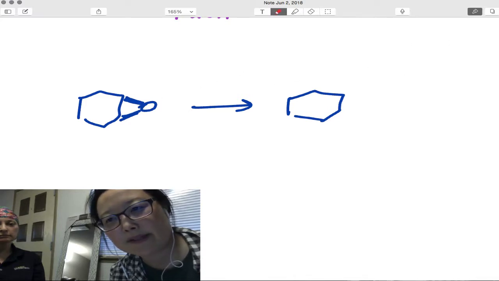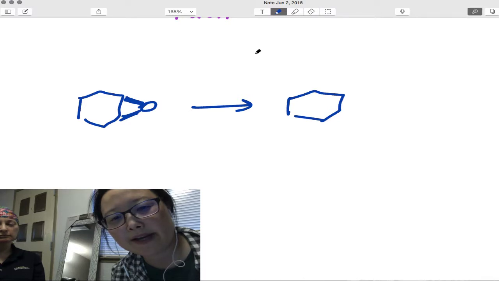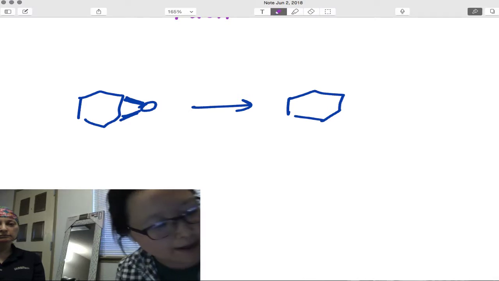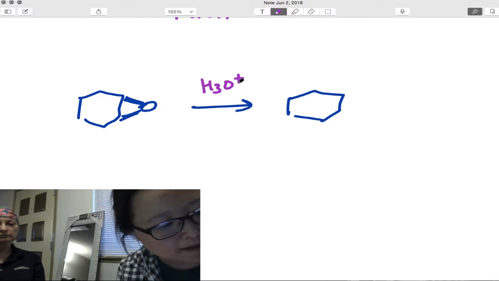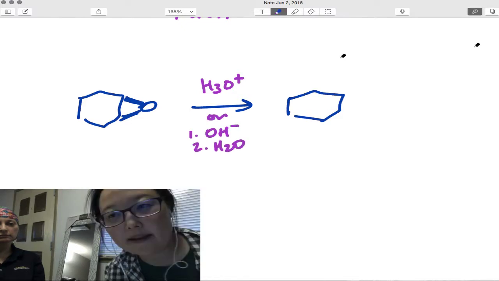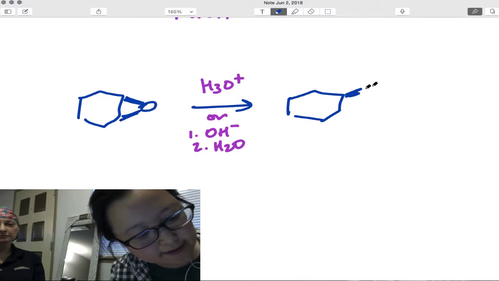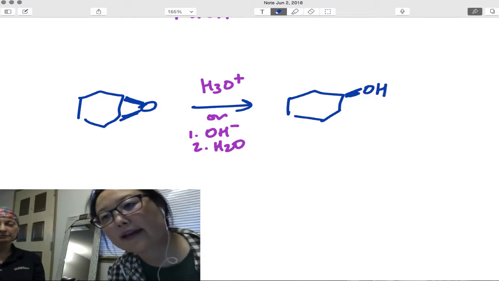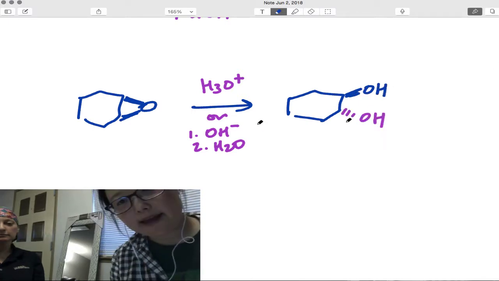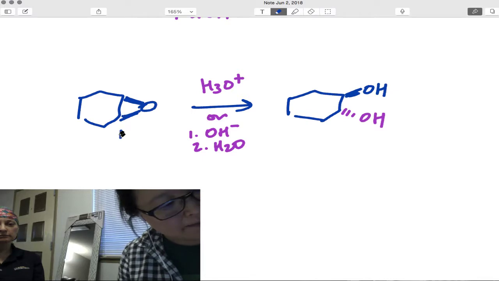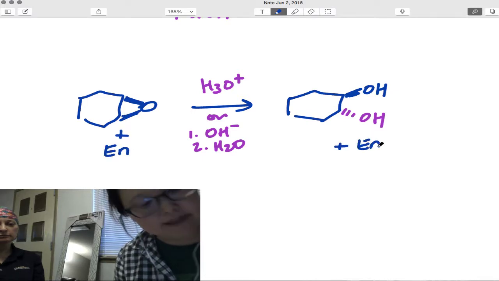Since we're not focusing too much on the stereochemistry right now, let's say we have either acid or base. And then that gives us our trans 1,2-diol. And this is anti-Markovnikov when done with base, or Markovnikov when done with acid. But for now, let's just say we're going to get enantiomers.